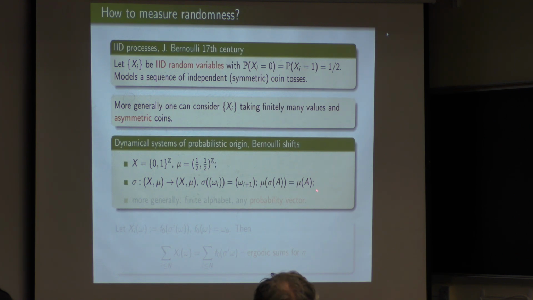So if I take an event A, say seeing heads on step 2 and tails on step 5, and I shift it, my chance of seeing this is the same: 3 and 6 is the same as 2 and 5. And more generally, you can model, as I said, any finite alphabet. Here you put {0,1}^d, and then you can do any probability vector.